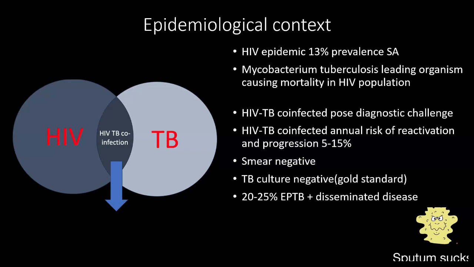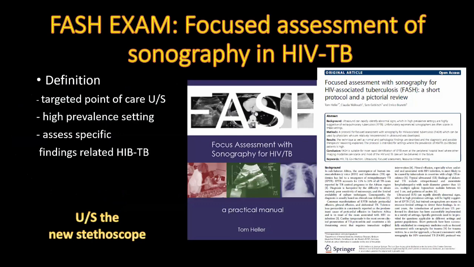And thus the emphasis on an efficient diagnostic tool to address these diagnostic challenges has led to the development of the FASH exam. So the FASH exam is a targeted point of care ultrasound designed to be used in a high prevalence emergency setting, designed to assess specific findings related to HIV and TB and correlate these findings to the likelihood of TB, to make the diagnostic decision and initiation of treatment faster.